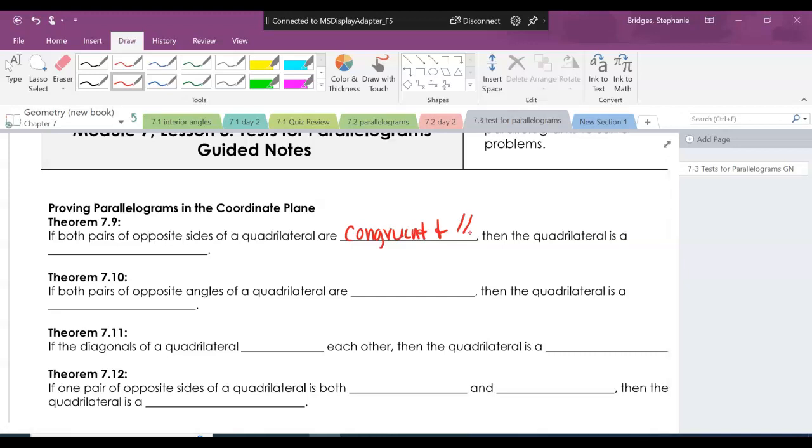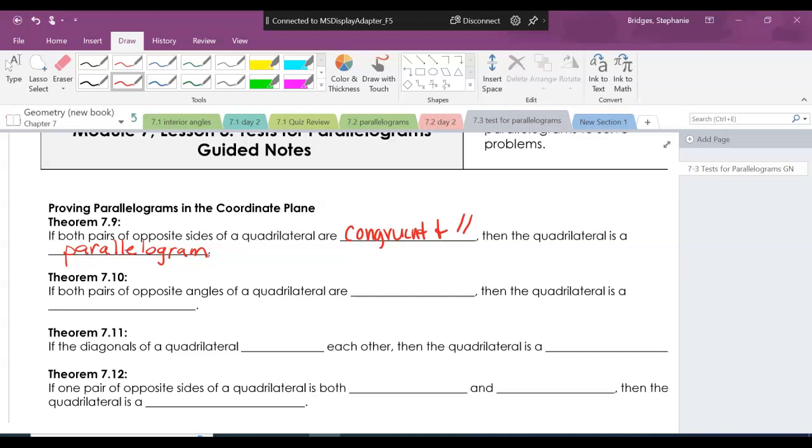If both pairs of opposite sides of a quadrilateral are congruent and parallel, then the quadrilateral is a parallelogram. So basically it's saying everything we've said before, it's just reversed. So instead of saying if it's a parallelogram, then this happens, we're now saying if this happens, then it's a parallelogram. It's the converse of where we started.